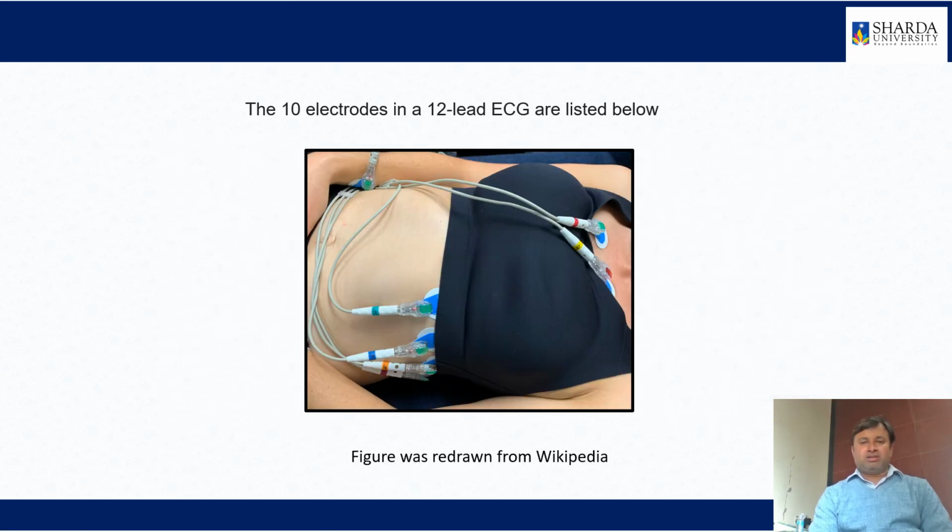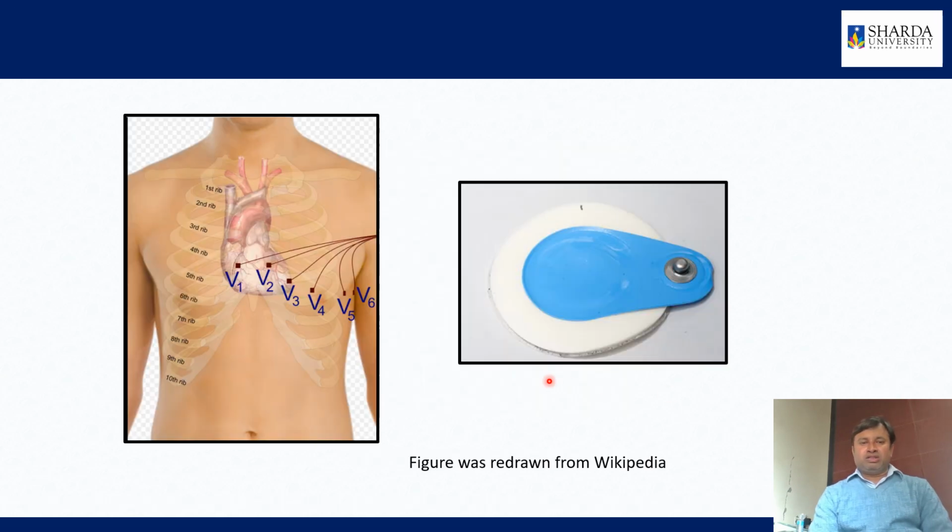This is the figure where we have shown the different electrodes applied on the skin. These are different positions, V1, V2, V3, V4. This is a position where the different electrodes are placed, and this is a lead that attaches to the particular surface and records the ECG.